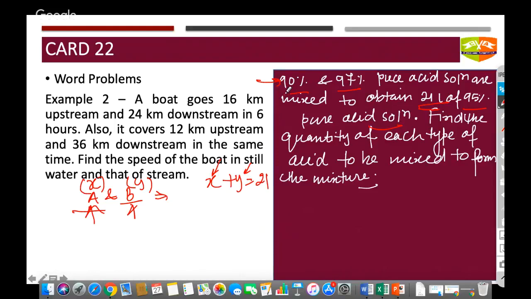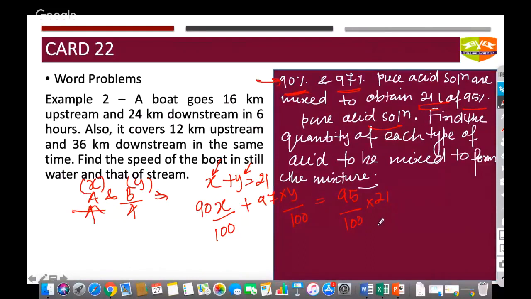Now the second equation would be about the concentration of acid. In X, 90% is acid, so 90 into X by 100, plus 97% in Y, so 97 into Y by 100, and this gives me 95% of 21, so 95 by 100 into 21.